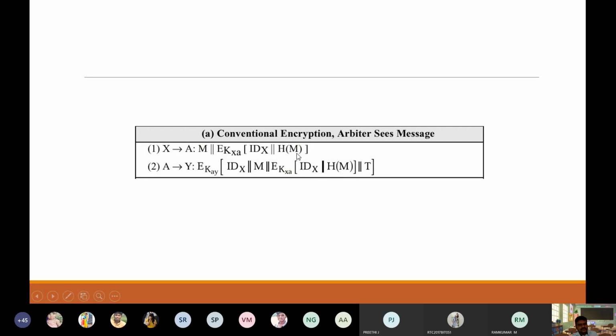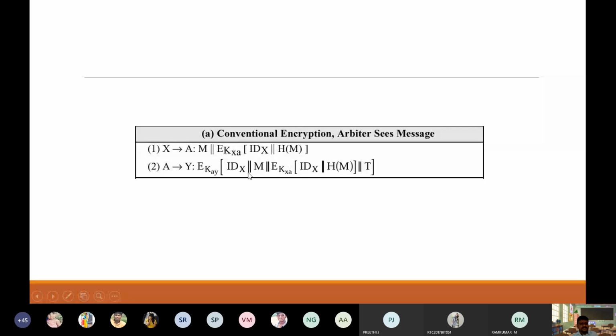This previous message is forwarded along with IDX. As we already said, if A sends a message to B, B just wants to verify whether A is a genuine one or not. So here the arbiter sends the ID of the sender to the receiver. This is IDX.